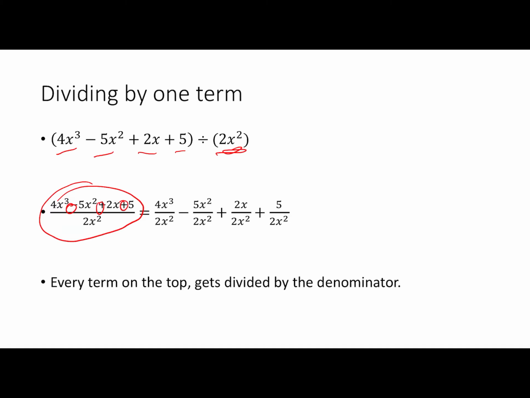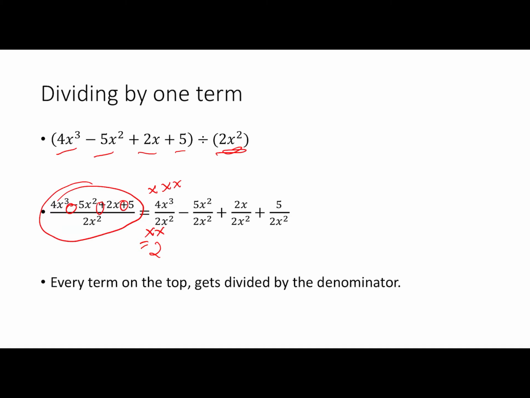The first thing you want to do to simplify this, because this is not our final answer, is to actually divide the values out. 4 divided by 2, well, that's just equal to 2. X to the power of 3 divided by x to the power of 2, well, the easiest way of thinking about this is that you have 3 x's on top and 2 x's at the bottom being multiplied together.